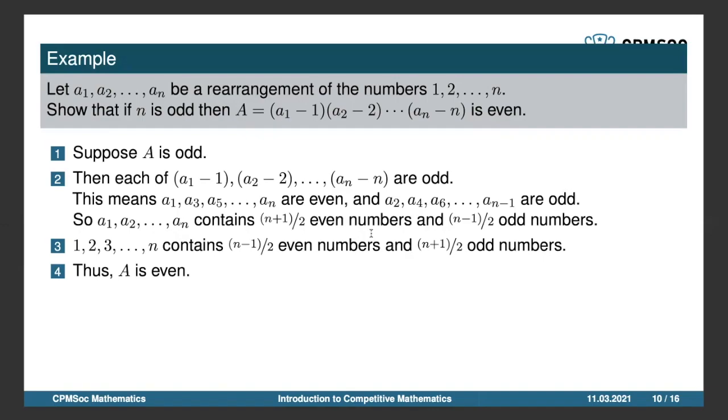So we can see that A1 through AN has some property that 1 through N does not have. And since we're saying they're the same set of numbers, that's a contradiction, which means that A has to be even, because supposing that A was odd led to a contradiction.